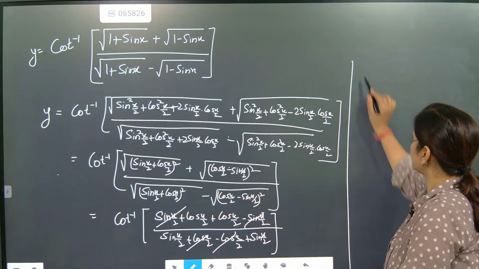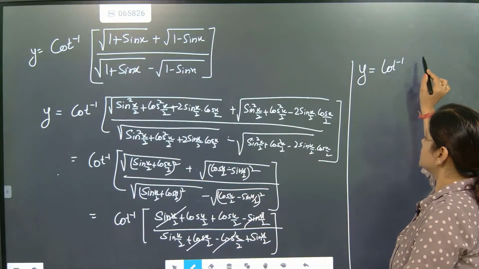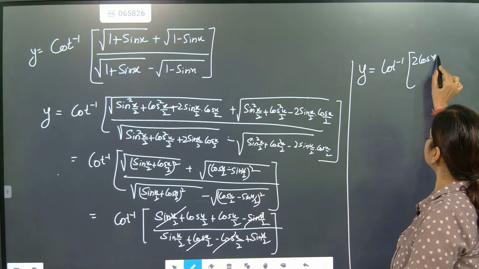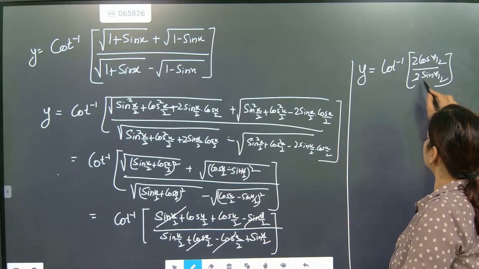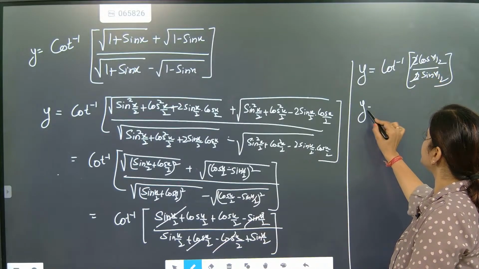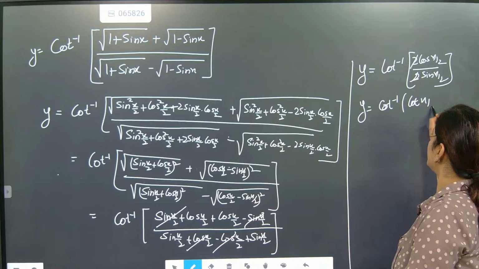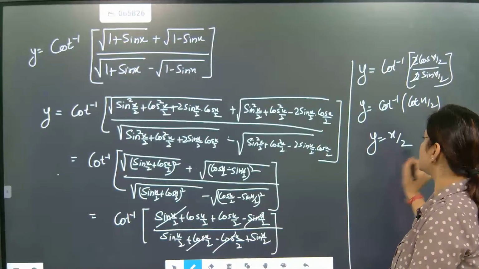Once you have finished till here, now look here. What you are going to get is y is equal to cot inverse 2 cos x by 2 by 2 sin x by 2. Cancel. So it will become y is equal to cot inverse cot x by 2. Now cot inverse and cot will get cancelled, y is equal to x by 2.